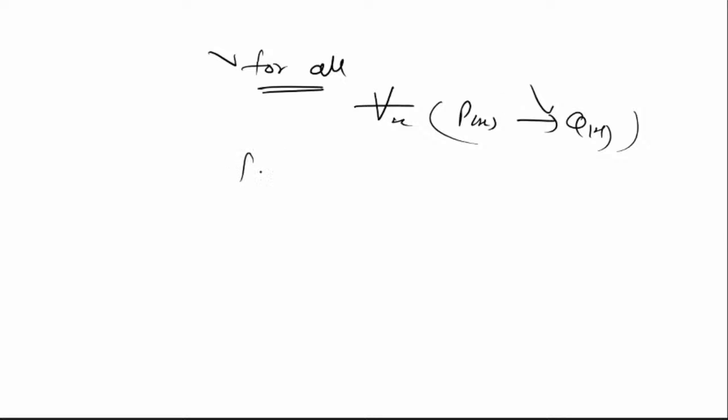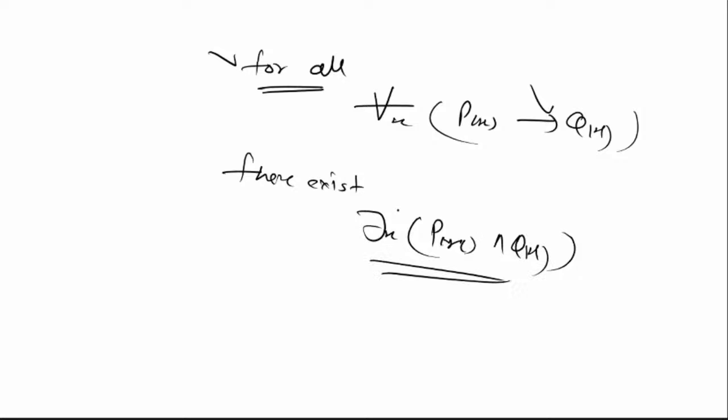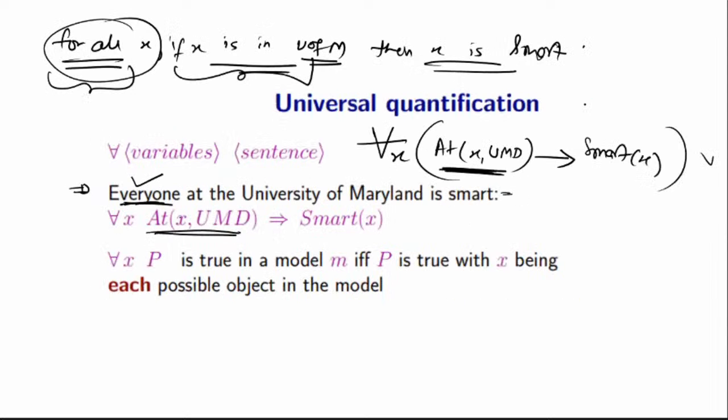And when we are dealing with the exists statement, we are using conjunction like this: P(x) and Q(x). Because this statement says that for all X, if X satisfies property P(x), then X satisfies the property Q(x).